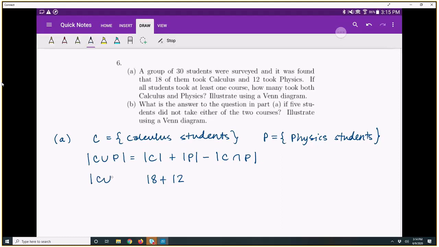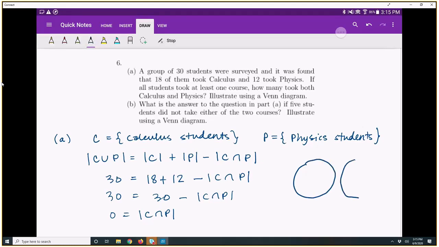So the union, which was 30, because there were 30 students in the survey, is equal to 18 plus 12 minus the cardinality of the intersection, but 18 plus 12 is already 30. So we know that the cardinality of the intersection should be 0. So if I wanted to draw a Venn diagram, I would want to make sure that my two bubbles, one for calculus and one for physics, don't intersect at all, because the intersection is 0.